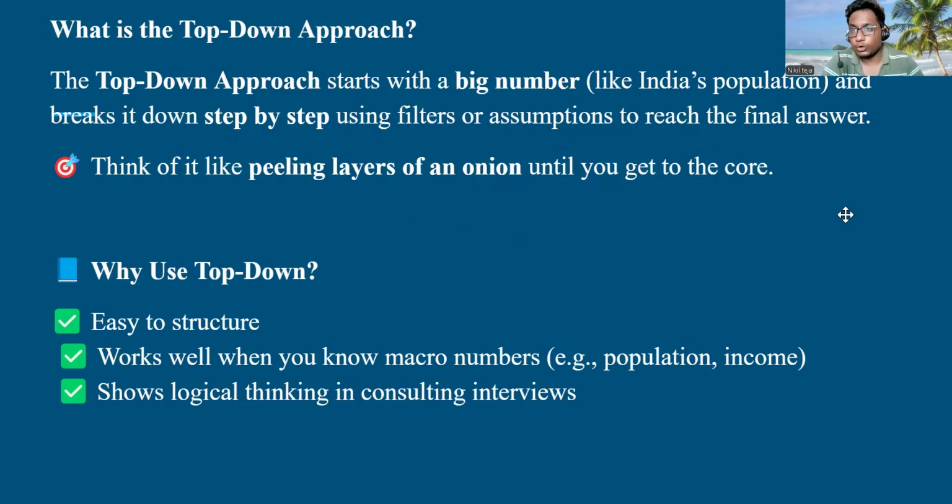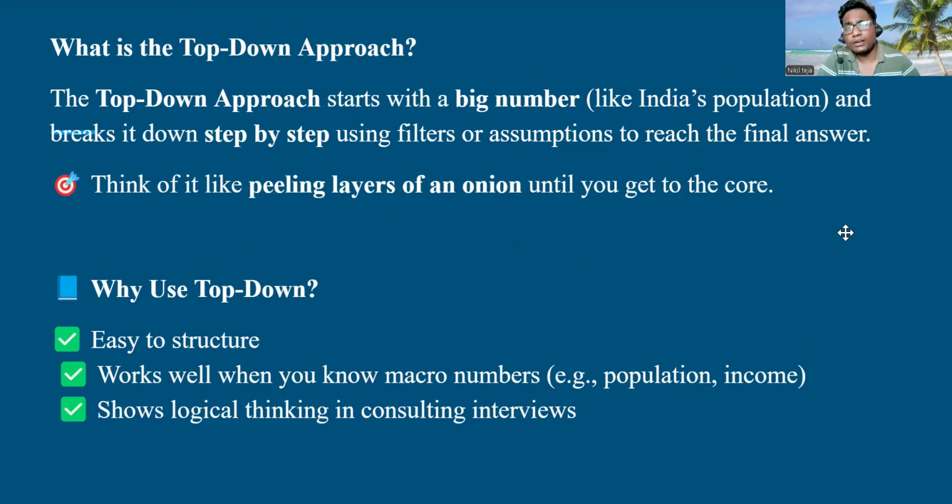So what is the top-down approach? The top-down approach starts with a big number. Basically it starts with a big or macro number like India's population or world population and breaks it down step by step using filters or assumptions to reach the final answer. You start with the macro number, and then you drill down to the small numbers and find the solution.